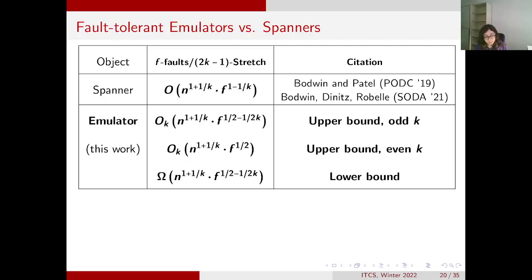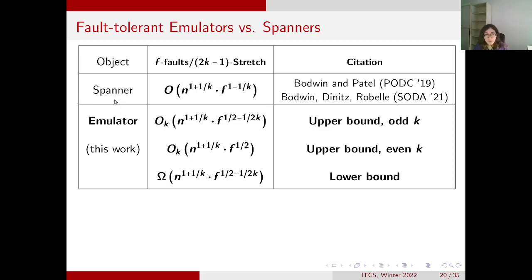So, as I promised, we see that we can construct better emulators in fault tolerance settings than we can construct spanners. Our results and comparison between emulators and spanners is summarized here.